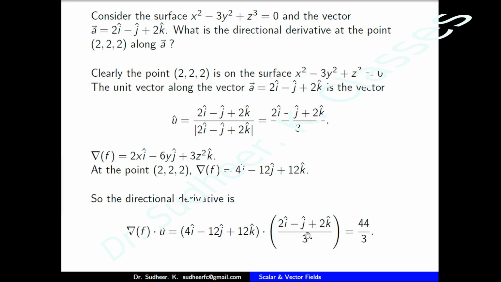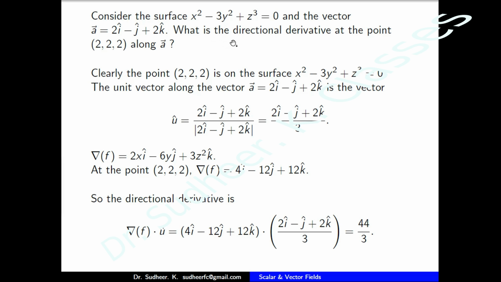See, we know that the dot product will give the maximum value when the two vectors are in the same direction. So the directional derivative will be maximum along the normal to the surface.